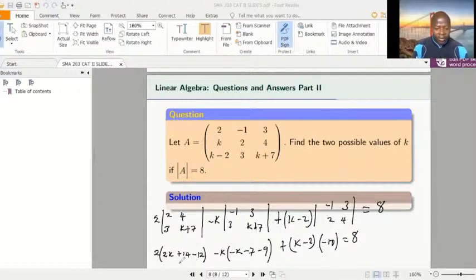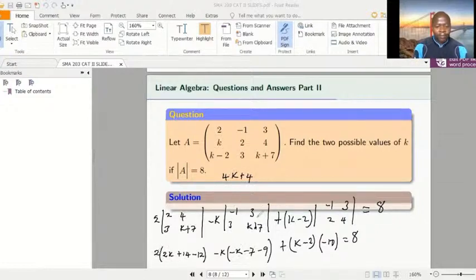So let's just simplify this first bracket. I have 2K here, 2K plus 2, multiplied by this 2 is 4K plus 4.